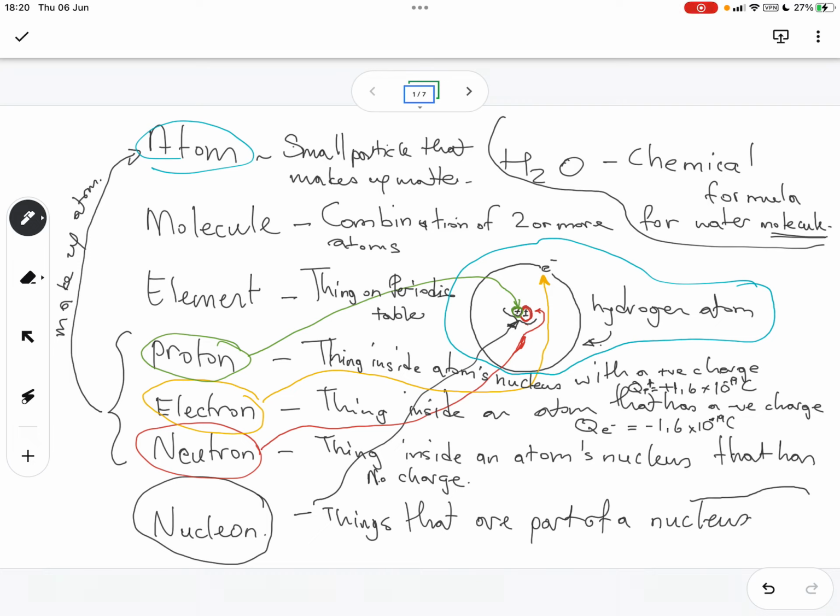So if we have more or less neutrons in the nucleus, the atom is said to be an isotope of the original atom. We did an example, chlorine, where 75% of the chlorine is normal chlorine and 25% is isotope, and we worked out the average atomic mass unit of chlorine.